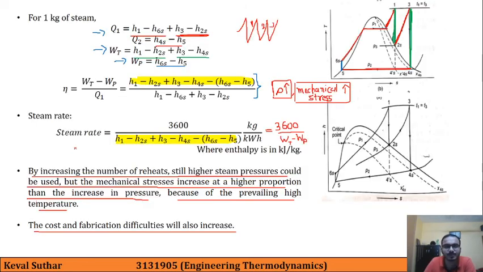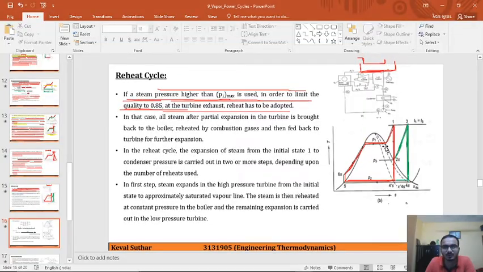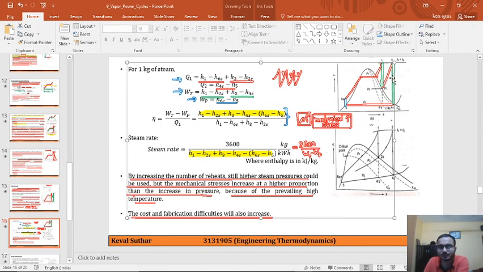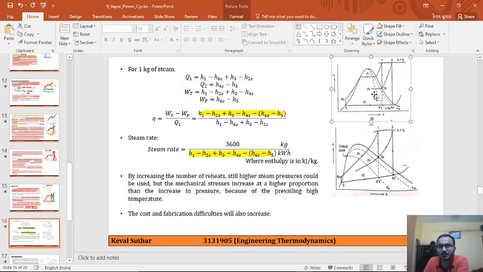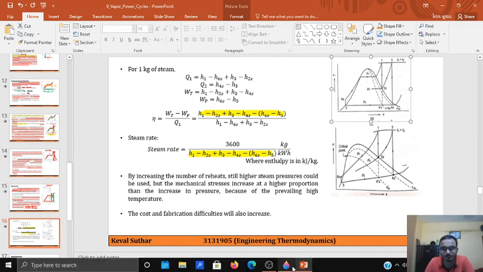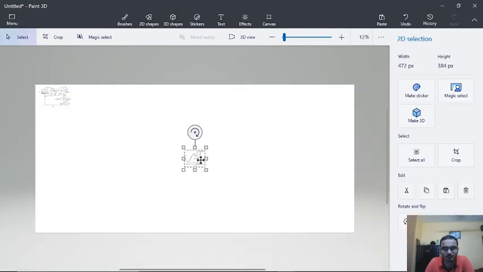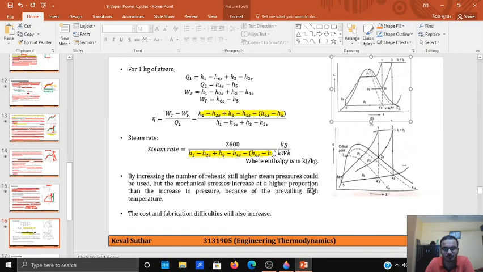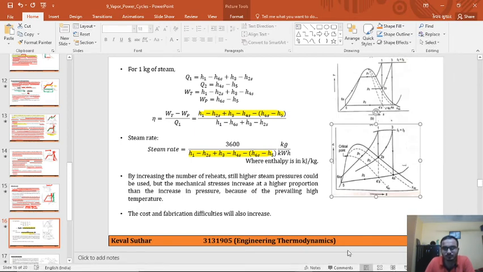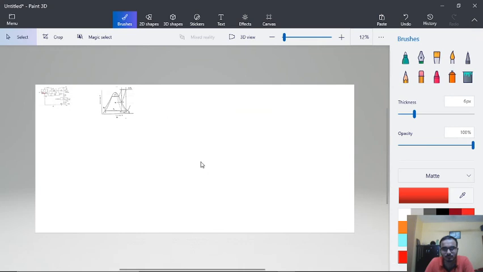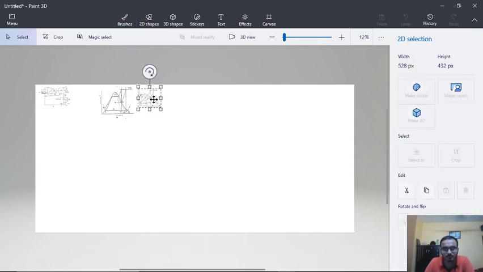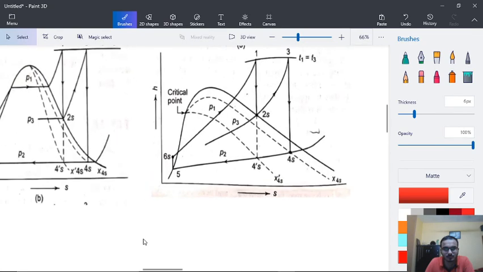Okay, one thing which we have missed over here is the understanding of the HS diagram. So let's try to understand this.